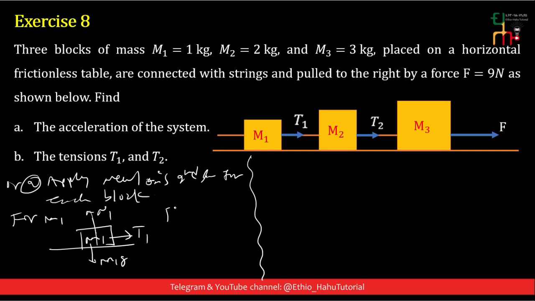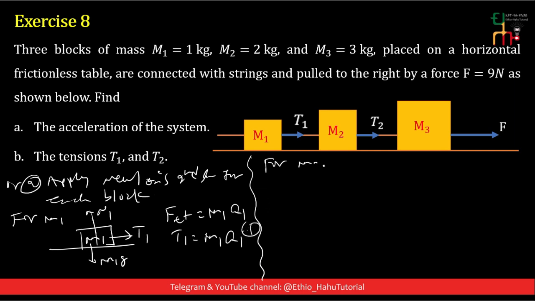Then net force is equal to M1 times A1. But the net force acting on M1 is T1. T1 is equal to M1 times A1. This is our first equation.